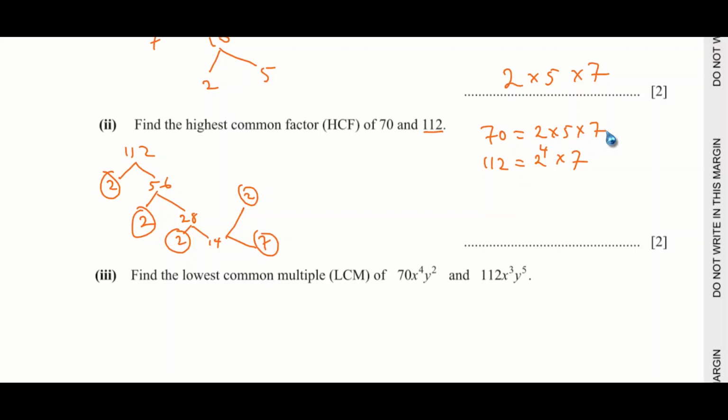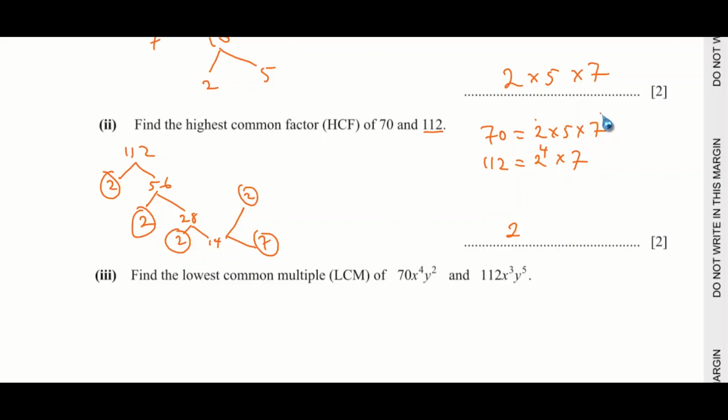Now to get the highest common factor of 70 and 112, we look at the smallest power common to the two numbers. In 70 we have 2 to the power of 1, and in 112 we have 2 to the power of 4. We pick the smaller one, that is 2, because it must be available in both numbers. For 5, we have 5 to the power of 1 and 5 to the power of 0, which is 1, so that can be neglected.